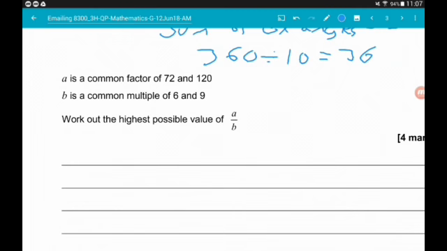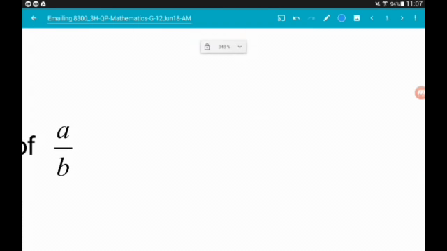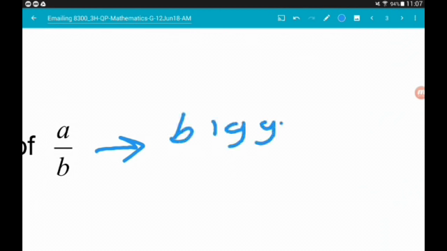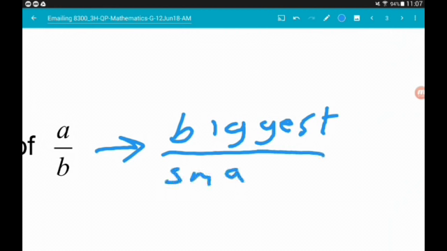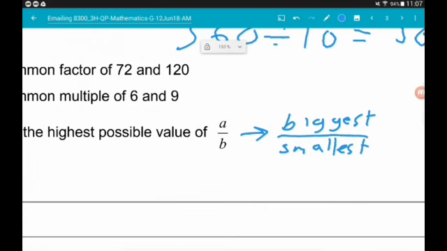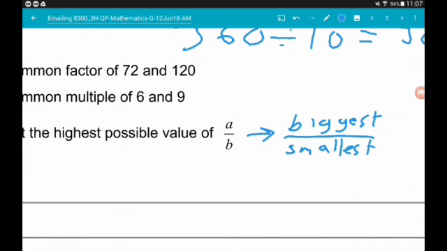We want to work out the greatest possible value of A over B. So, for this fraction to be as big as possible, we want the biggest value of A divided by the smallest value of B. So what we're looking for here is the highest common factor of 72 and 120, and then the lowest common multiple of 6 and 9.